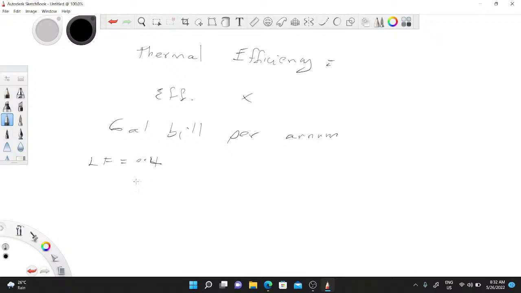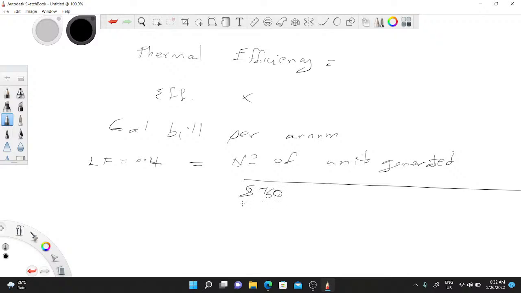I have the load factor to be 0.4. I know that my load factor is equal to the number of units generated divided by 8760 times the maximum demand. 8760 is the number of hours in a year. So I can find the number of units generated here.